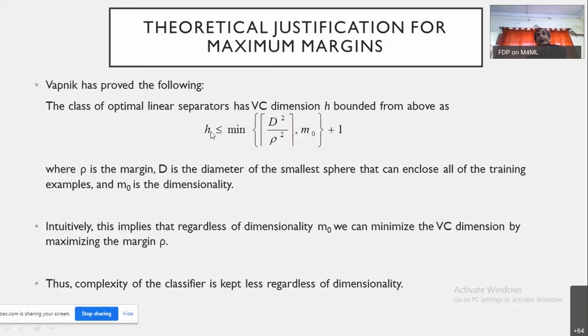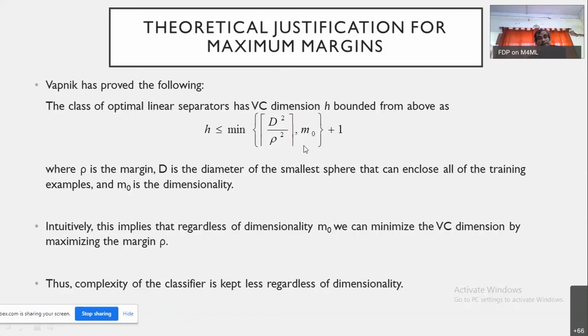So if I use the maximum margin, I can predict something. So mathematically it's very powerful. Other classifiers are not that mathematically powerful. Right? So intuitively this implies that regardless of the dimensionality M0, we can minimize the VC dimension by maximizing the margin. And this I have no control over. This is the dimension. M0 is the dimension.